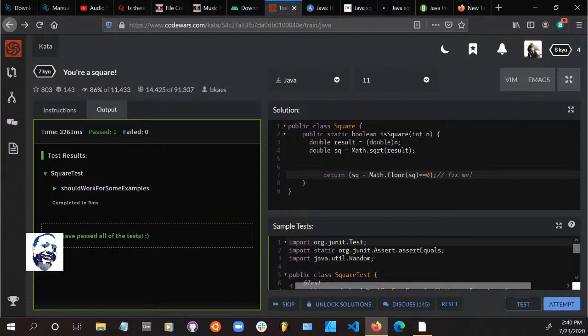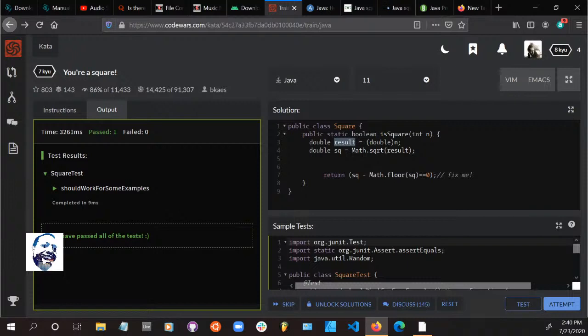So I had to say, okay, now let me go ahead and create a variable here to make this into a double, right? Double result is equal to this right here.